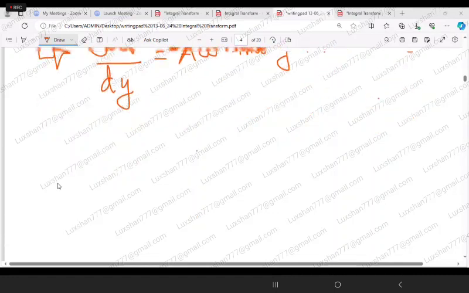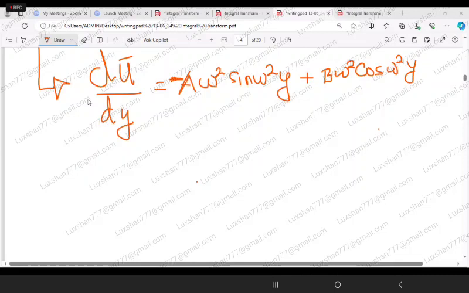So now what we are doing is we are considering the Fourier transform.